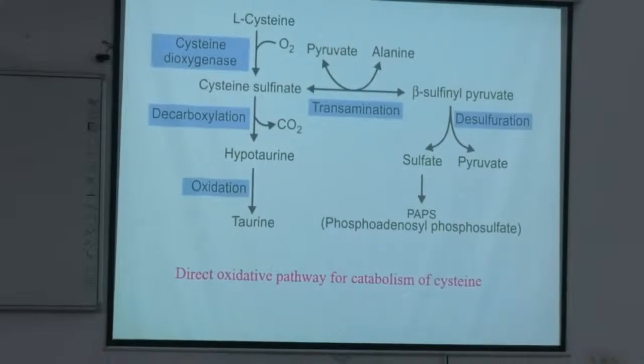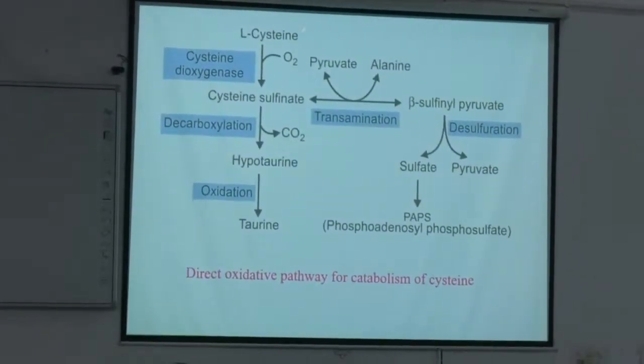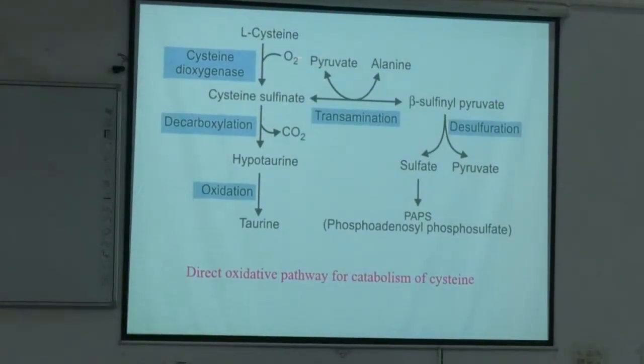Now, the direct oxidative pathway for catabolism of cysteine: it forms taurine, L-cysteine sulfinate, and beta sulfinyl pyruvate, by desulfuration formation of PAPS and formation of taurine. So in this slide, there are 2 pathways.